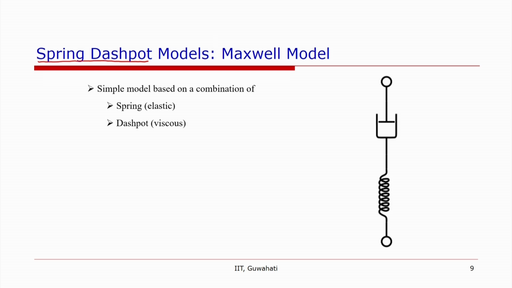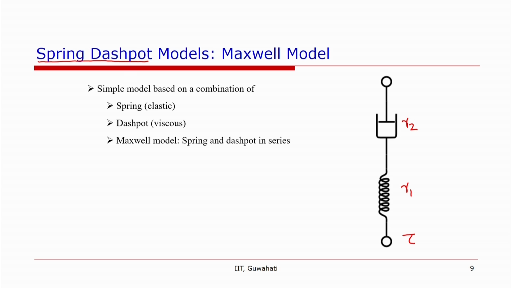Okay. So, a simple model is called the Maxwell model. In the Maxwell model, the spring and dashpot are in series. So, if they are in series, that means they will have different deformations. Let us say the deformations in the two are gamma 1 and gamma 2, and they will experience the same stress which is tau.